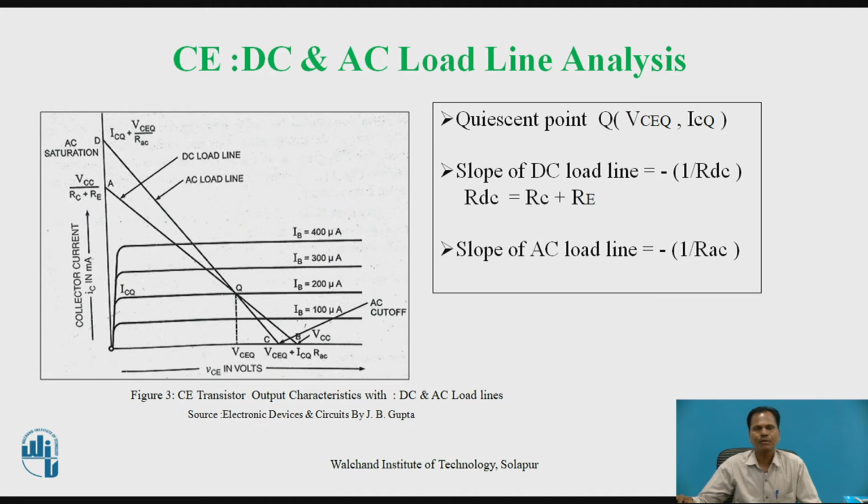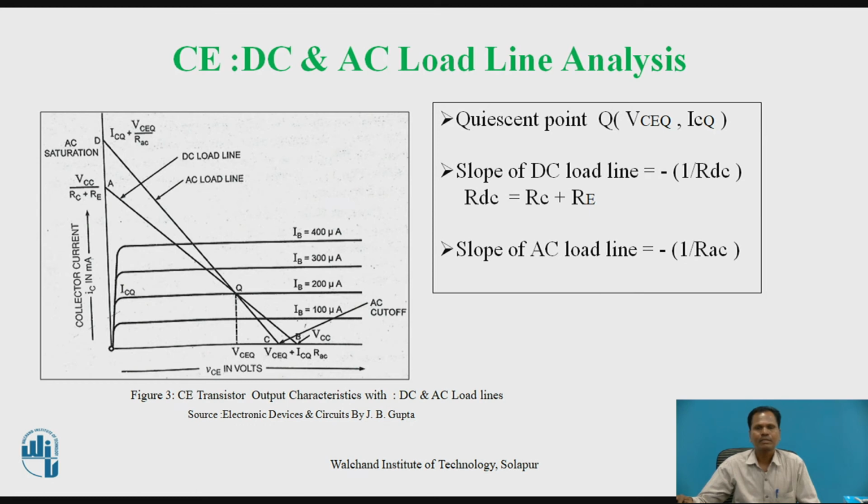Similarly, we can draw an AC load line for a transistor. But before that, let us talk about the quiescent point, Q point. It is a DC operating point. It is a point on the DC load line that represents the output collector current flowing in the collector emitter circuit, and the voltage appearing across the collector emitter of the transistor.